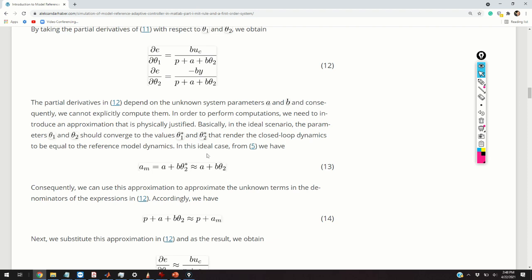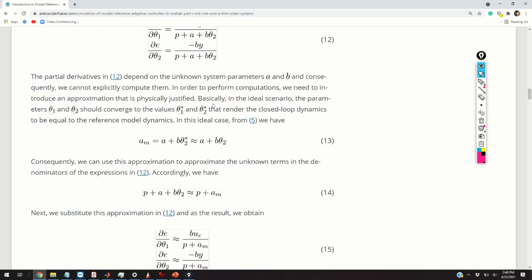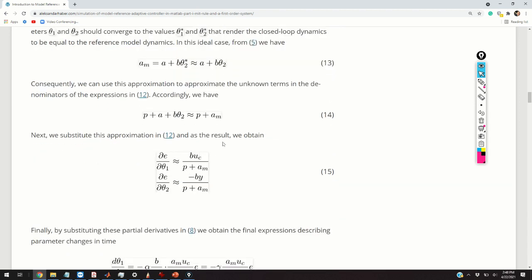And using this approximation, we can approximate these two terms in the denominator. And basically, our partial derivatives become p plus am in the denominator, right? So dE over d theta 1 becomes b uc over p plus am.